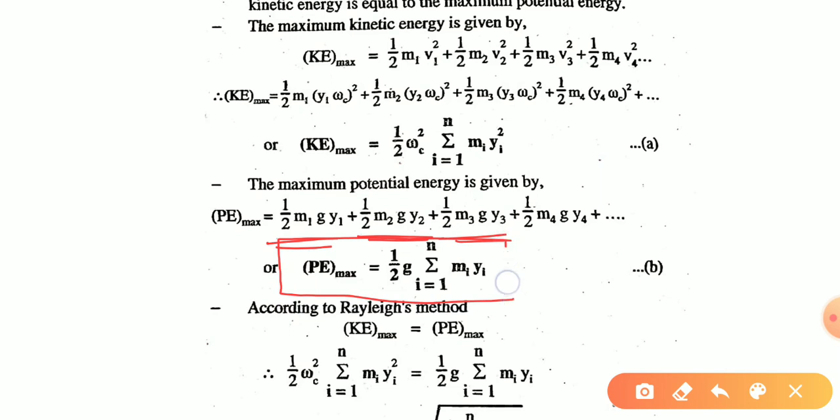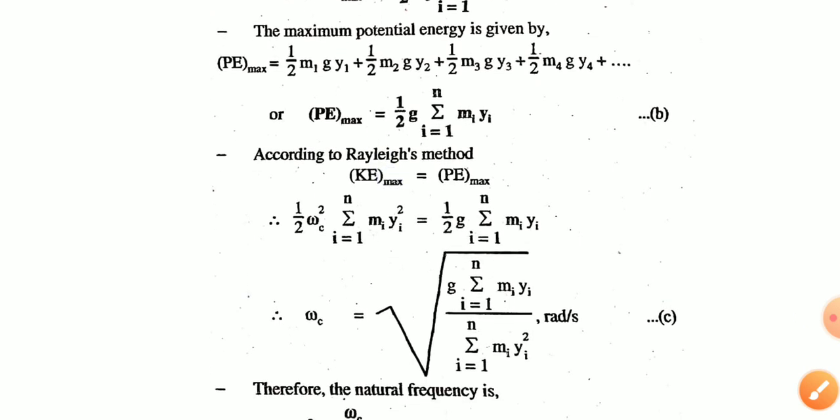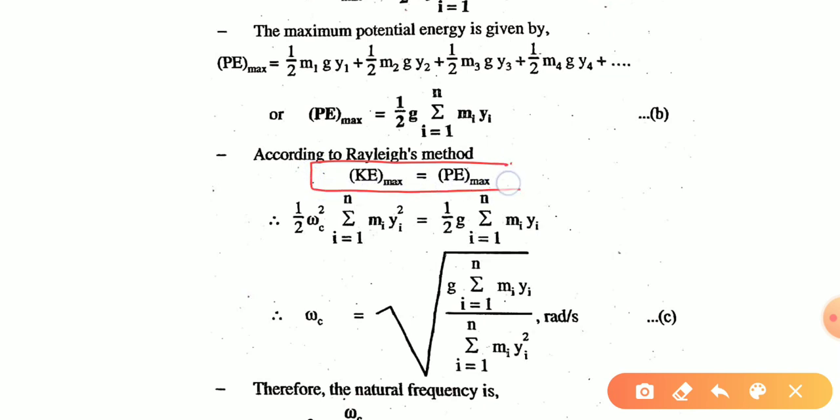The g and 1 by 2 are constant, so we take them outside. We can write sigma 1 to n mi yi. So this is the maximum potential energy. But we know that according to the Rayleigh method, the maximum kinetic energy and potential energy are equal.